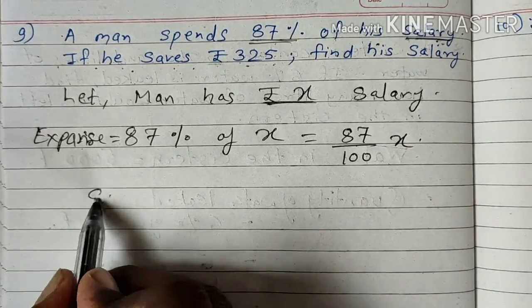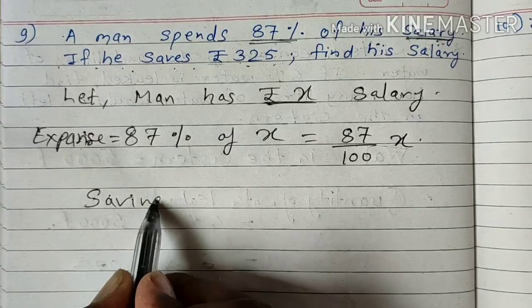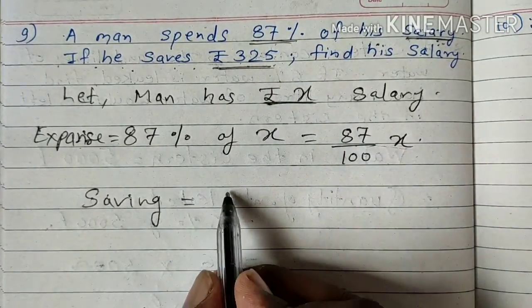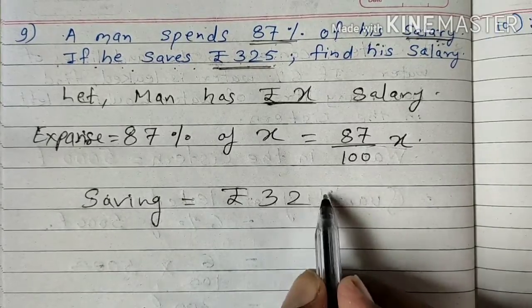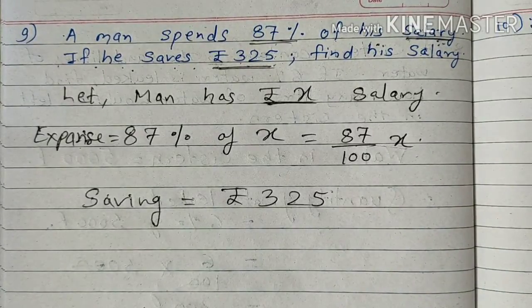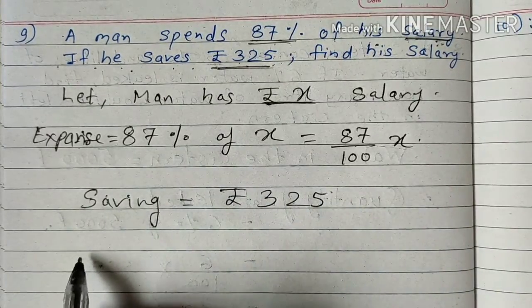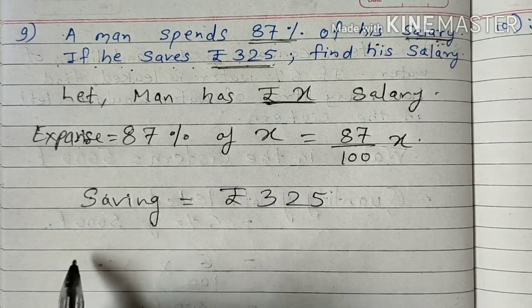Now in our question, saving, how much is the saving? Rupees 325 is the saving, right? If saving is rupees 325, how are we getting this saving?